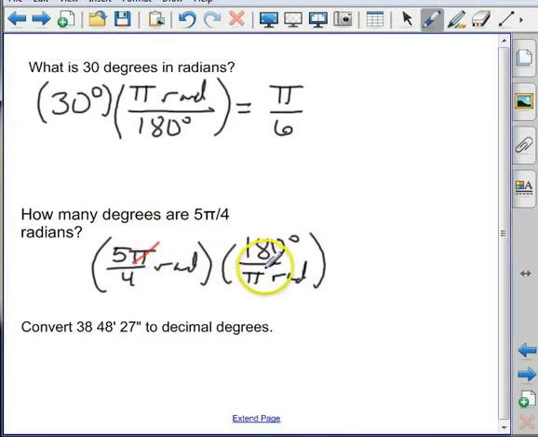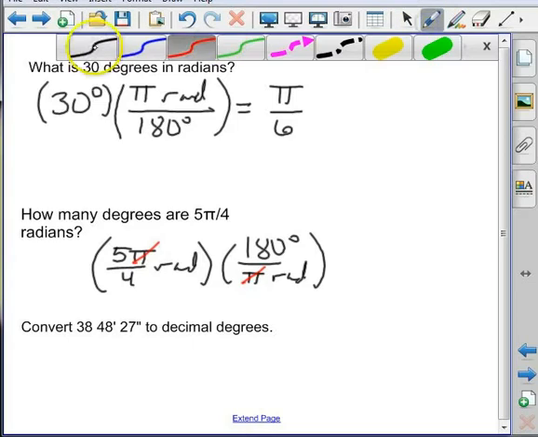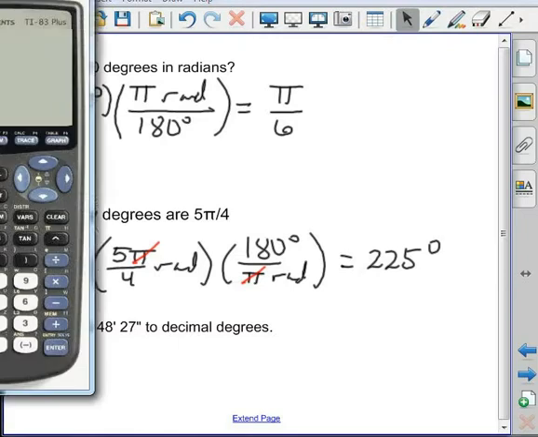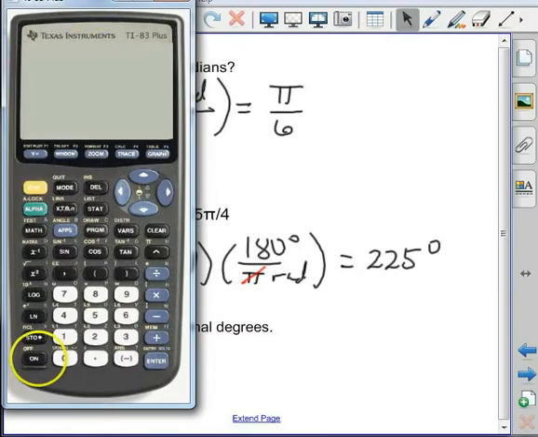So the pi's cancel, and 5 times 180 over 4 is 225 degrees.